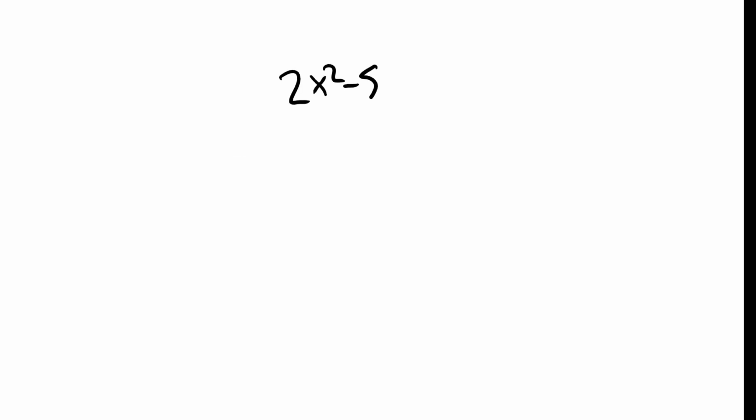2x squared minus 8. This one I put in here because we have a couple steps here. The first step is, you may notice our a is not 1. We have a number in front of x squared, which normally makes us pretty sad, but here 2 goes into both of these things. So I can pull out my greatest common factor first. And I get 2 times x squared minus 4.